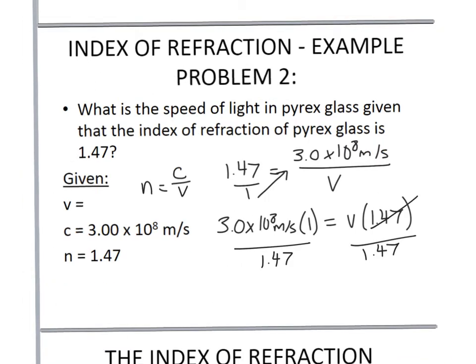So 1.47 will cancel out, leaving me with v is equal to 3.0 times 10 to the 8 meters per second divided by 1.47.